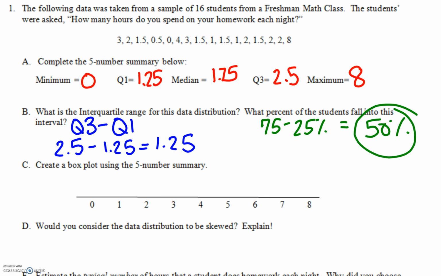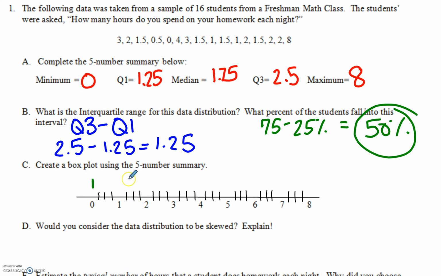And then we want to create a box plot using the 5-number summary. So what we want to do is break up our number line into even components. So I'm going to pause the video and do that. Okay, so from here we're just going to take those 5 numbers and create lines. So our minimum was 0.